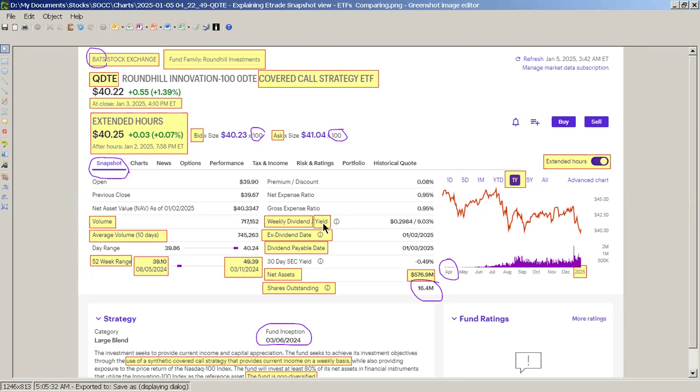I'm hoping it's annual. I don't know. I have to go back and check on that because it seems like it would be a lot higher than 9%. But anyway, weekly dividend means this stock is going to pay almost 30 cents per share every week. 30 cents per share every week.